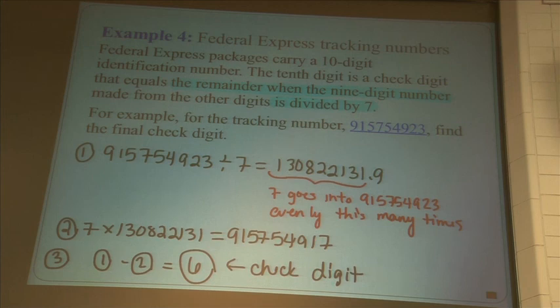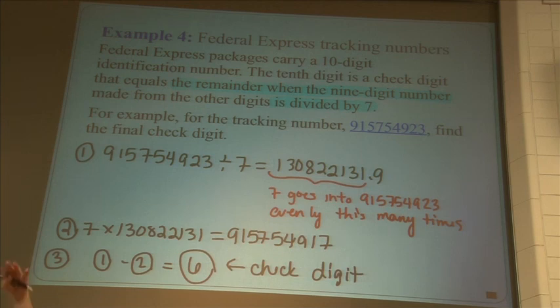The whole point of this example, when we're calculating the check digit for Federal Express tracking numbers, you need the remainder when you divide the first 9 by 7. Okay? Well, so we take the first 9 numbers of our tracking code, and you divide it by 7. But if you do it on a calculator, it doesn't pop out remainder 6. It gives you this ugly decimal point 9, all this ugly stuff. Well, that tells you that all of the stuff before the decimal times 7, right, will give you a number directly below it.